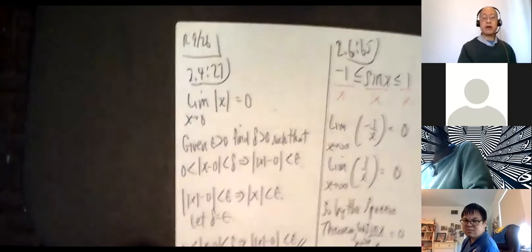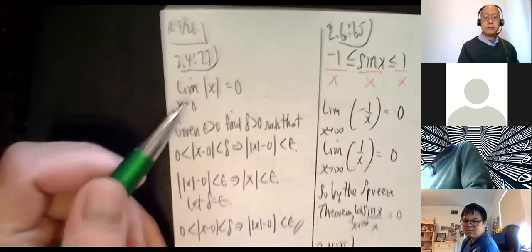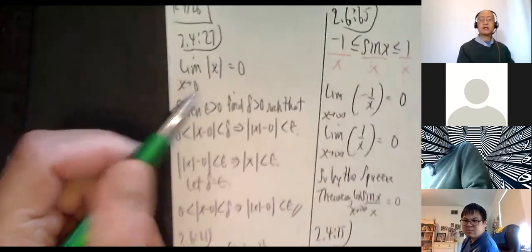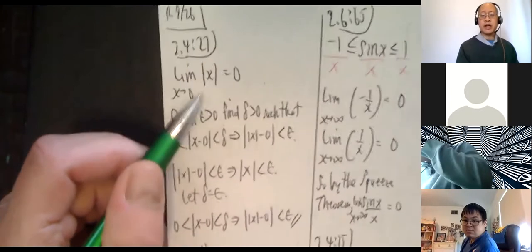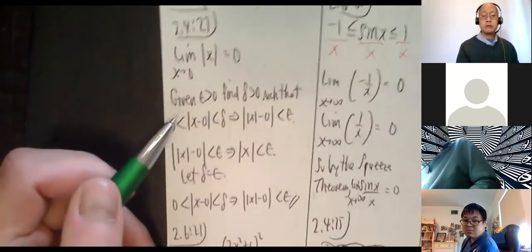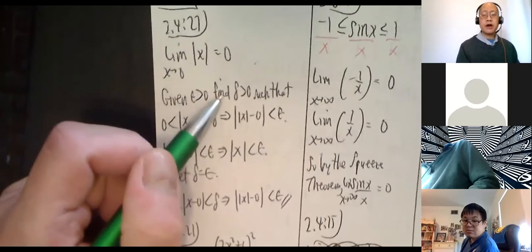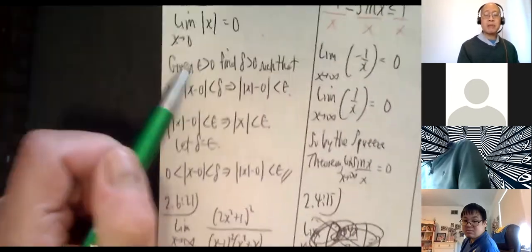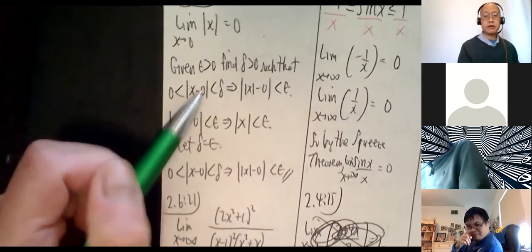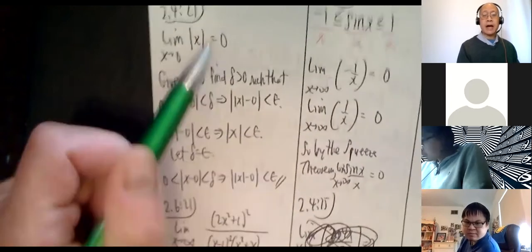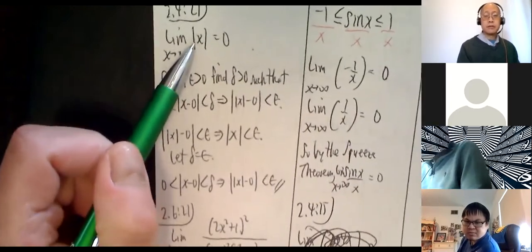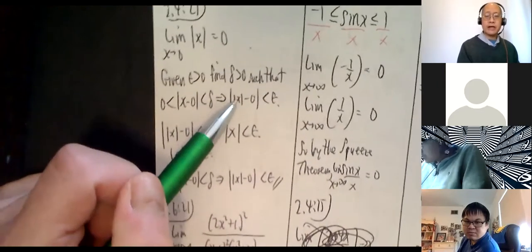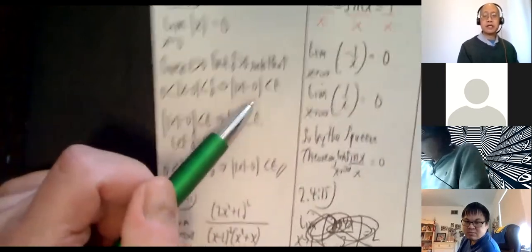I was asked about one problem from last time, which is 2.4 number 27. So let me knock that out of the way. The limit as x approaches zero of the absolute value of x equals zero. So that one had absolute value inside an absolute value. Given epsilon greater than zero, find a delta greater than zero such that zero less than absolute value of x minus a, the a was zero, so x minus zero, less than delta implies absolute value of f of x, so absolute value of absolute value of x minus the limit zero, is less than epsilon.